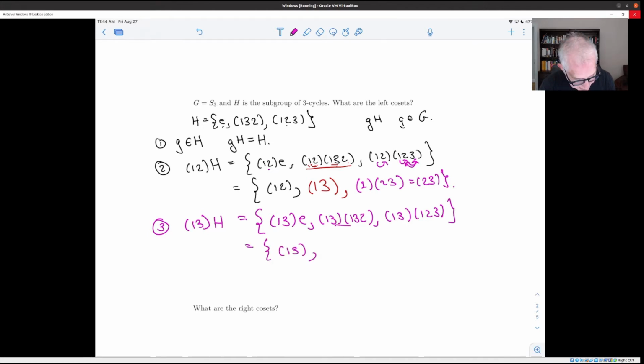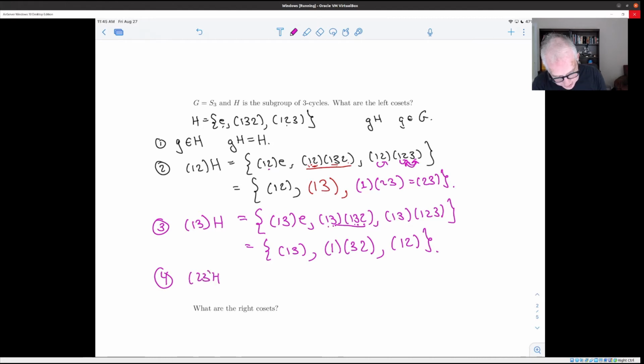Then this product here, we have 1 goes to 3 goes to 1, 3 goes to 2, and then 2 goes to 1, 1 goes to 3. So it's (1 3 2), and if you do the last one, you'll see that it's (1 2). In other words, the other cosets, (1 2), (1 3), and (2 3), they're also the same. They're just the 3 transpositions.